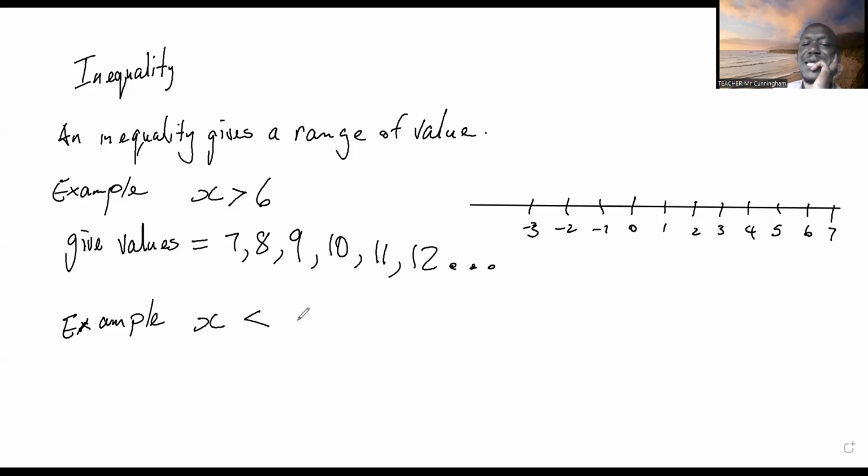For x is less than 1. This is a tricky one. I need 4 numbers for this one. X is less than 1.